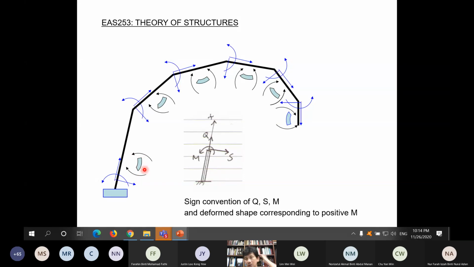So that is some important things regarding the sign convention and where to plot the Q, S, and M that we need to know. And once you plot the positive bending moment, what does it mean to the deformed shape of this part, as shown here.